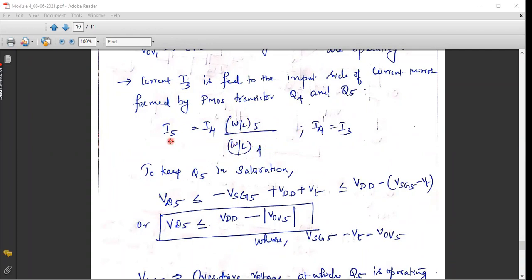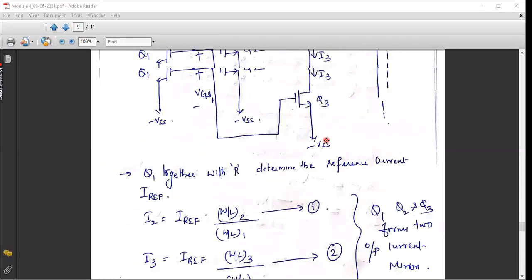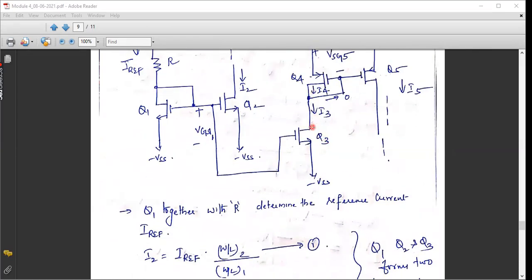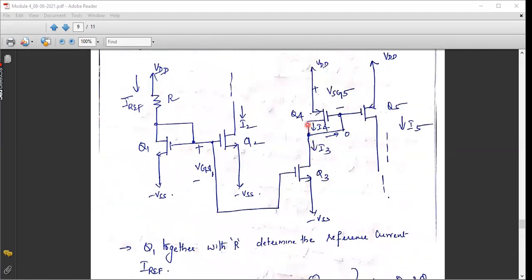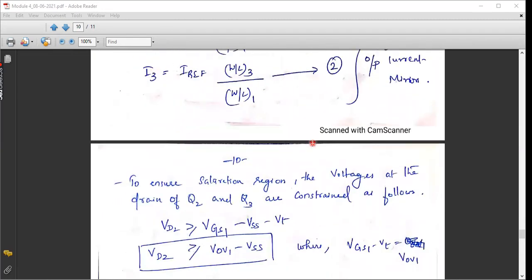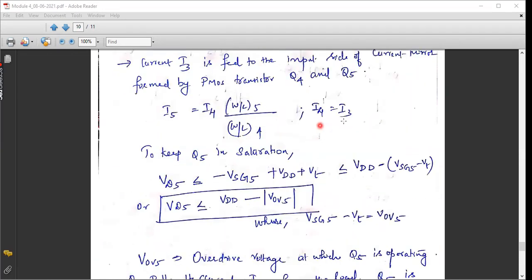So I5 is equal to I4 into (W/L)5 divided by (W/L)4. And you can see the current I4 is the same as that of I3. Why? Because I have interconnected the drain terminals of Q3 and Q4. Therefore, I4 is equal to I3.